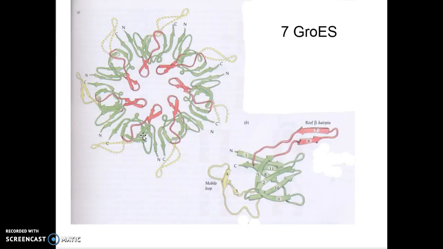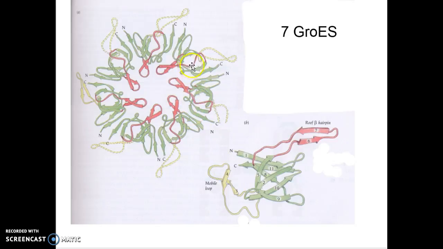We are looking at the structure of GroES. Each polypeptide has three domains with two extended portions. Okay, again, seven polypeptides.